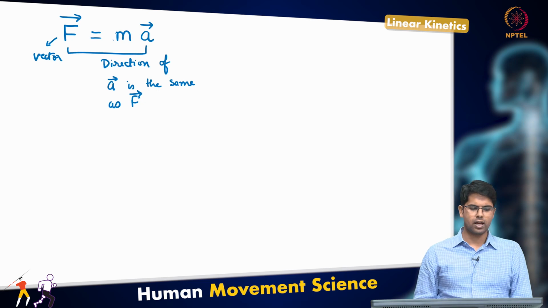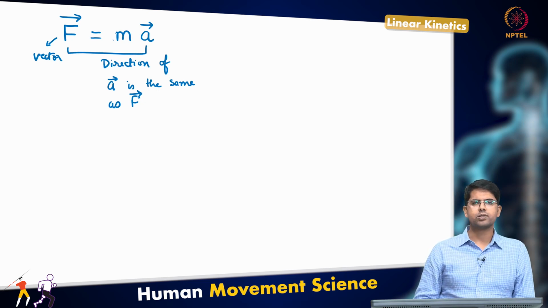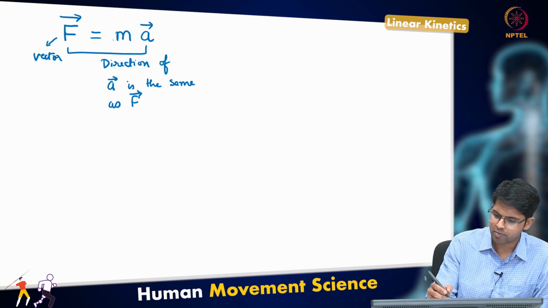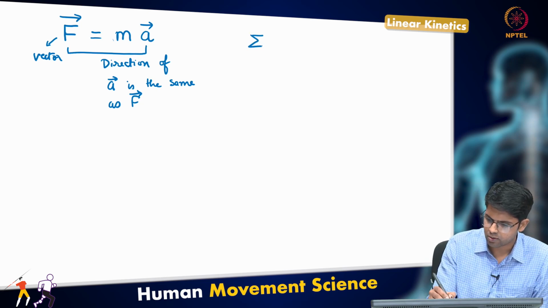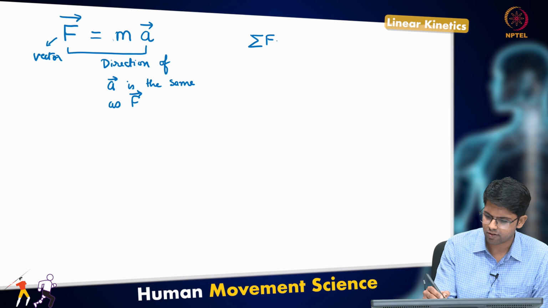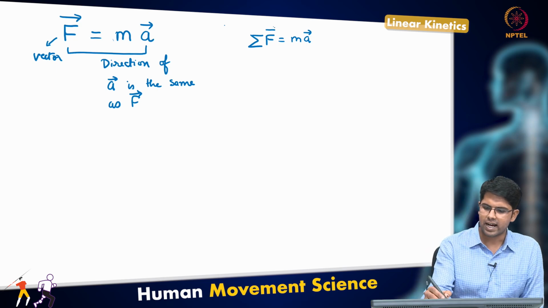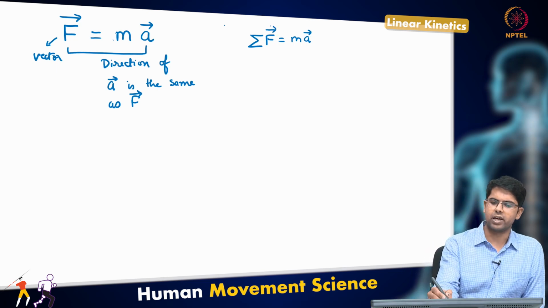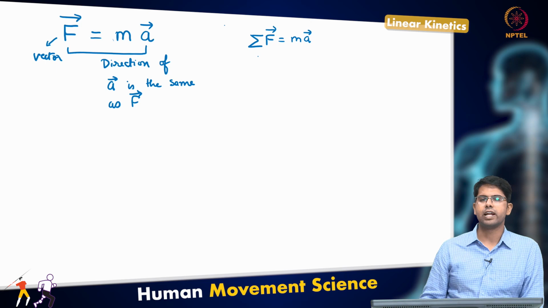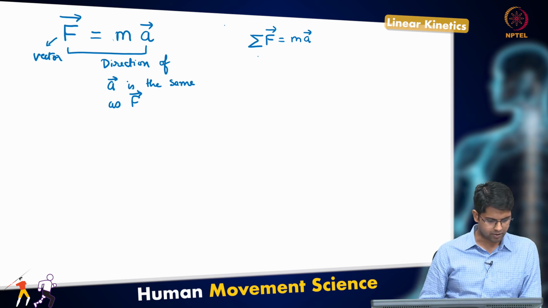Now what if there were multiple forces acting on the body, right? In that case, this law can be generalized to the summation of all the forces equals mass times acceleration. So this acceleration will be in the direction of the net force that is acting on the body.